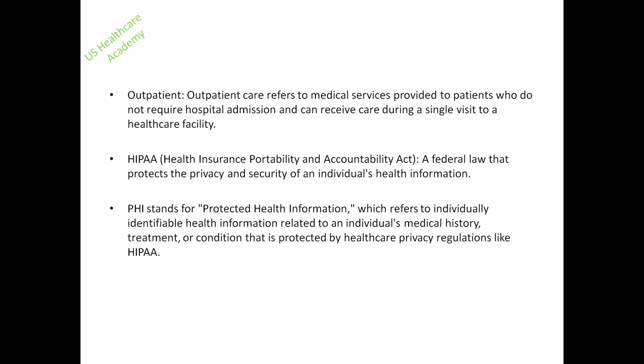What is PHI? The first line says PHI refers to individually identifiable health information. Individually identifiable health information means any of the identifiers that uniquely identify you or at least help to identify you. If you Google PII, which is personally identifiable information, there are 18 such identifiers.